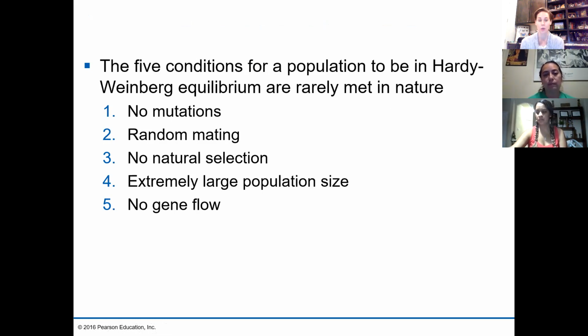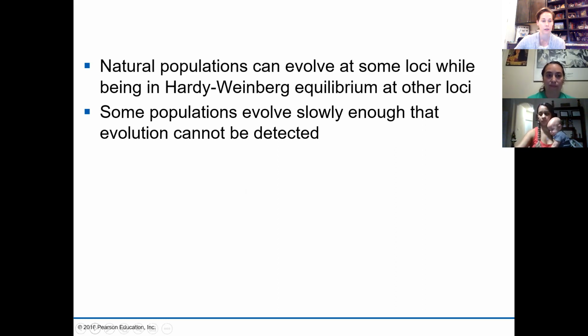Mating has to be random. You can choose who you want to mate with, but it's still random mating. It's not like there's a law that says you cannot mate with curly haired people. That would be non-random mating. There's no natural selection occurring. The population must be very large. Small populations are never in Hardy-Weinberg, and there cannot be gene flow. We'll talk about what gene flow is and some of these other things in just a second.